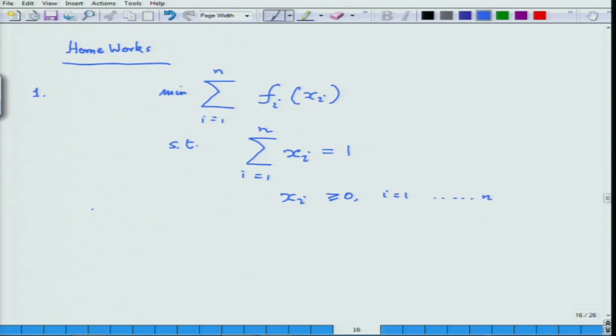If you have a function of two variables only, that is n equal to 2, then the feasible set is easy to draw. This is (1,0) and this is (0,1), and we draw it here. Now, the feasible set would look like this.